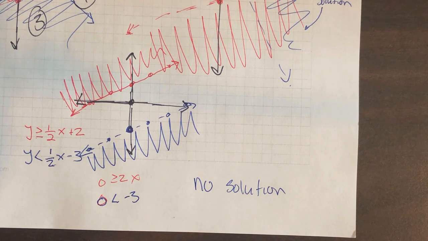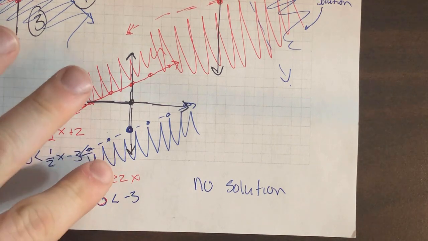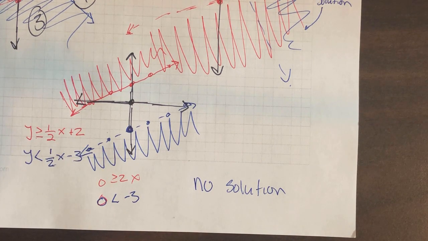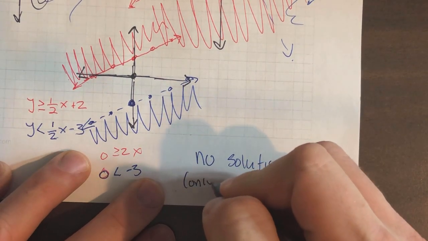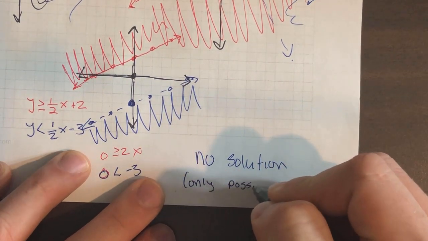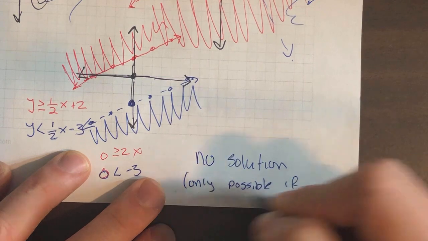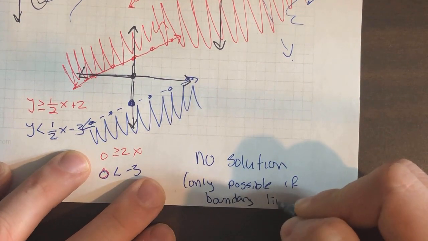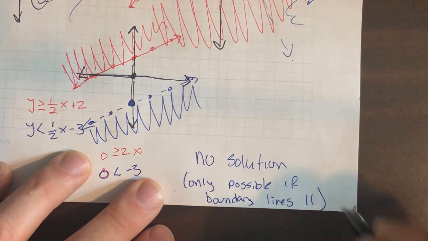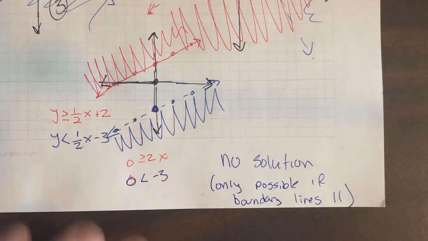And in this case, there is no solution because the shading does not overlap. Remember, this is only possible if the boundary lines are parallel, okay? Only when the boundary lines are parallel can you have no solution.